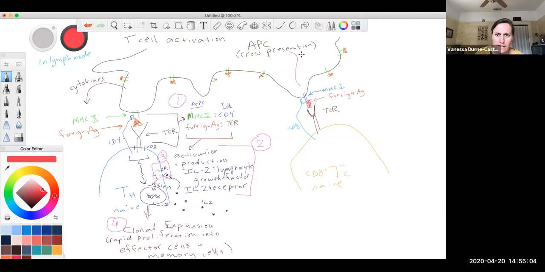It means that these guys can present on both MHC class 2 and MHC class 1. So they are presenter cells. That's what they do. That's their whole function. And in the lymph node, uniquely, they can present on both MHC class 2 and MHC class 1. Right, so here's MHC class 1.